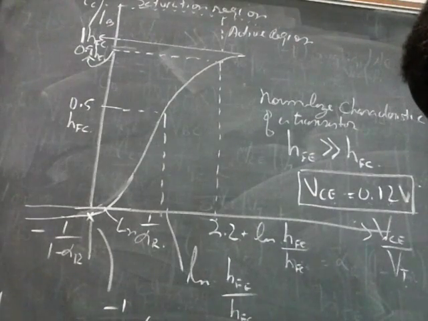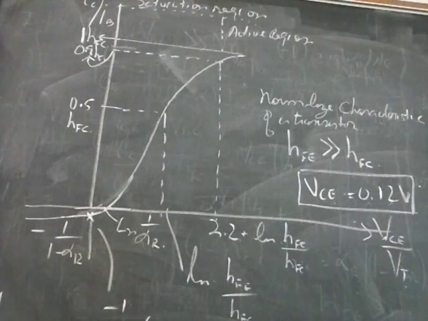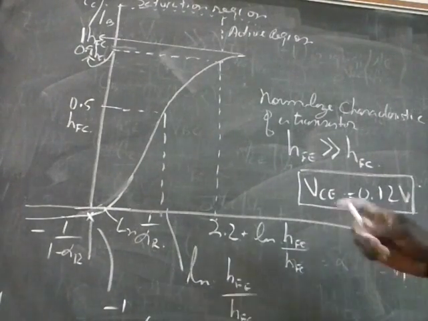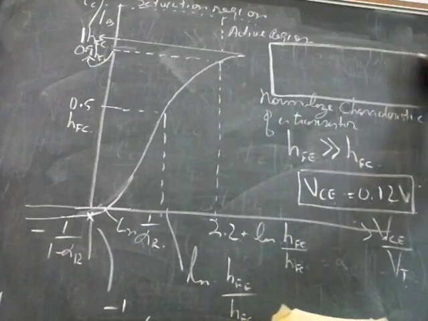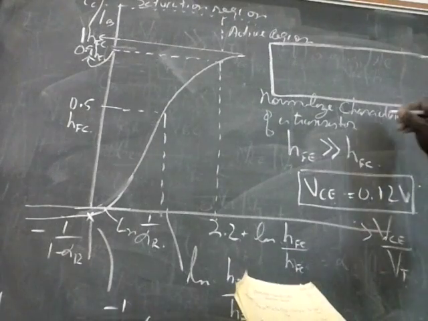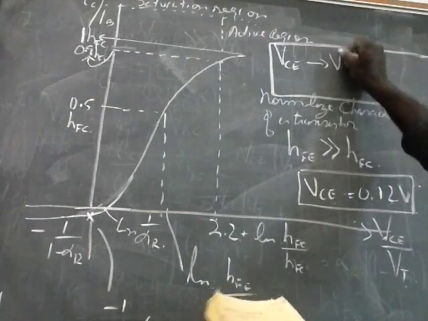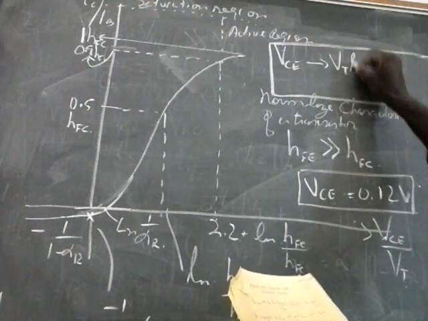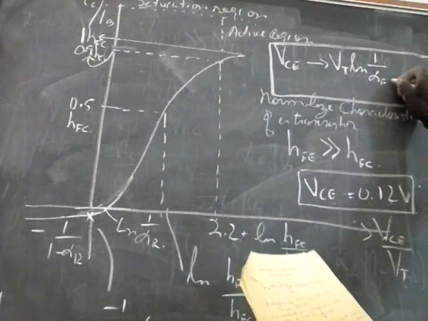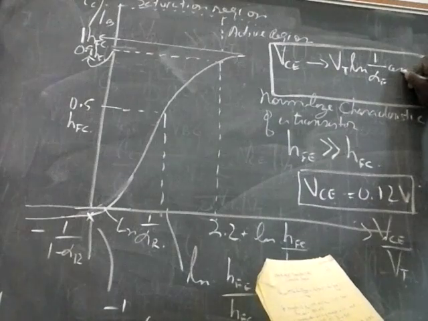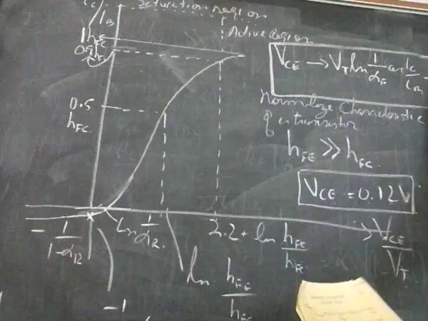And so, VC tends to VT log 1 over alpha F as IC over IB tends to 0. Let's get that mathematically. You just write it, squeeze it in here in this little box. That VCE tends to VT log 1 over alpha forward as IC over IB tends to 0.